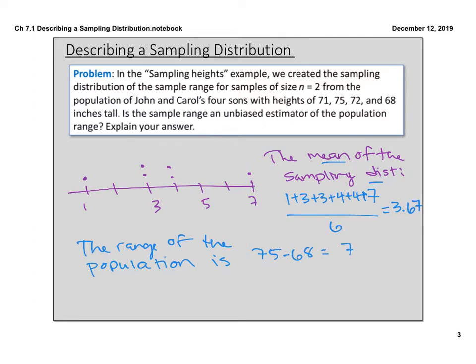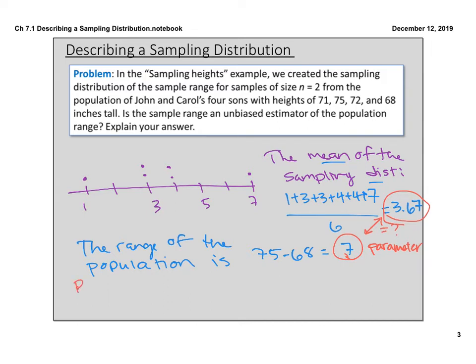So here's the mean of our sampling distribution, and here's the actual parameter. We know that to be true because we know the whole population. The population is only 4 people. I know their heights, and I know the range of the whole population is 7. So the question is, are these two things equal? In this case, no, they're not.